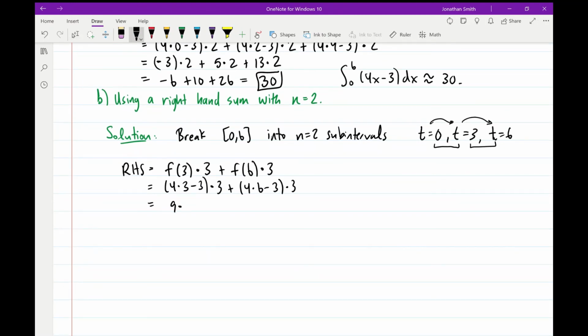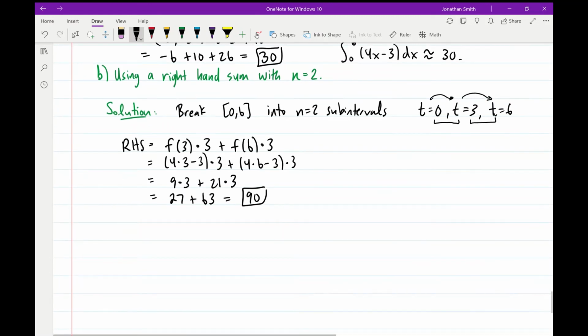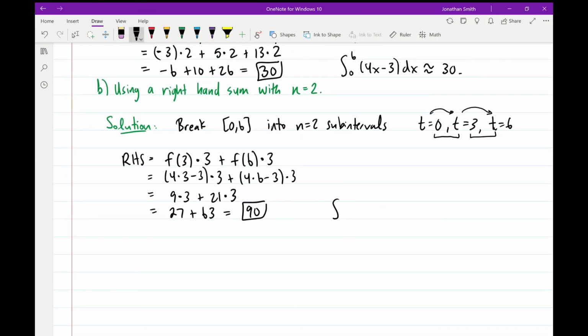We get a 9 times 3 plus a 21 times 3, which will be a 27 plus a 63, and this will give us a 90. So this approximation is much different than the previous one. This time, the approximation for the definite integral, we have a 90, using the right-hand sum with n equals 2.